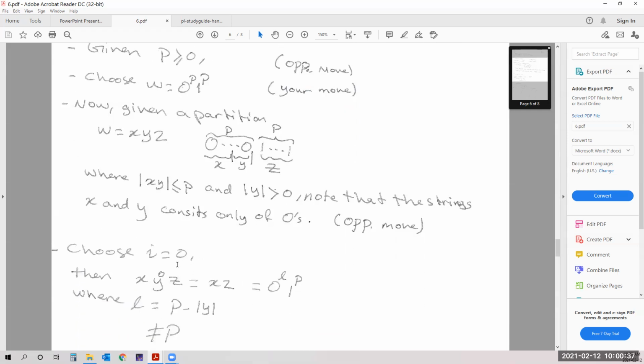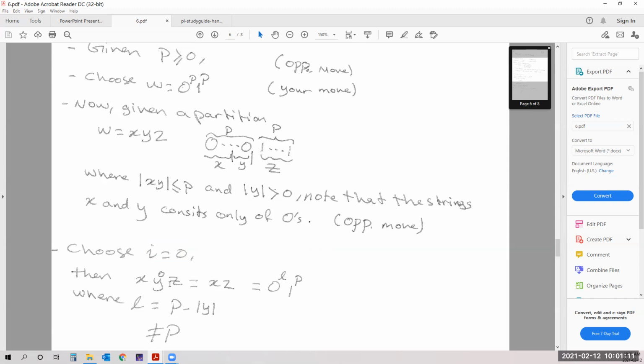Now we will test X, Y to the power I, Z. We need to assume that I is equal to 0. You may ask, what if I is 1 or 2 or 3? You will try certain options until you find one of these options, I equal 0 or 1 or 2 or 3, that does not belong to the language, then we prove that the language is not regular. Here in this example, for simplicity and to be straightforward, we choose 0.